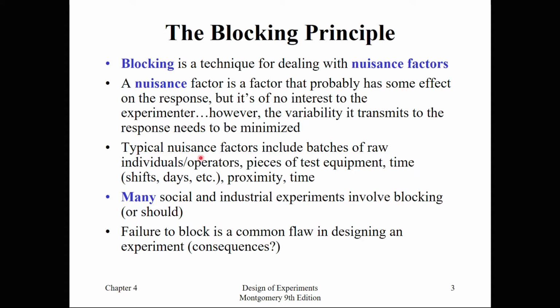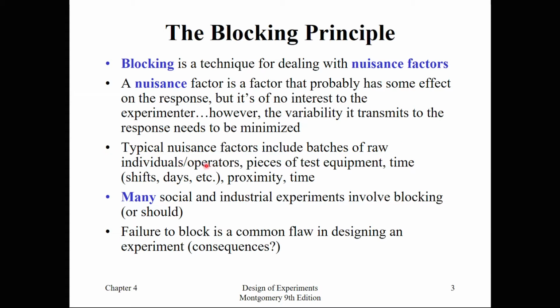Now, there's a whole bunch of different kinds of nuisance factors you can have. So our textbook uses these kinds of things: batches of raw materials. We have different individuals who are operating the machinery, different types of machinery, etc. But very often one of the most common blocks is actually this idea of the individual and the operator.